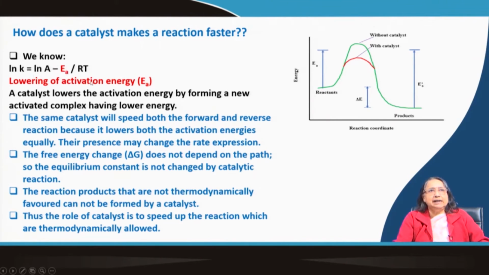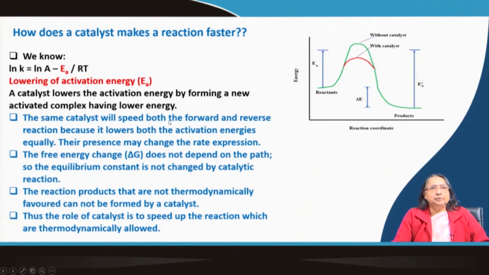Activation energy is lowered when the reaction goes through a catalytic process using a catalyst. The reactant and the product remain the same, their positions are the same, but without catalyst it goes this way and with catalyst it goes this way. So, activation energy is reduced and the reaction becomes faster.